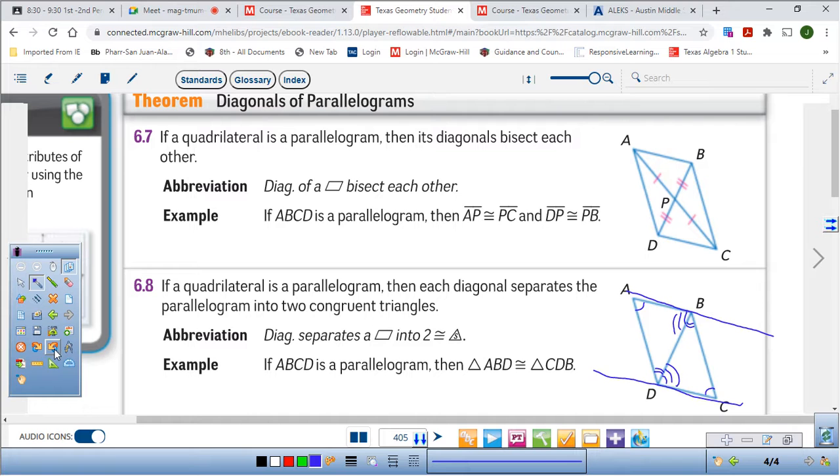Now when it comes to this, look at the way we go here. They reverse the order to name congruent triangles. So triangle ABD, A, see I'm going like this, BD, is congruent to CD.